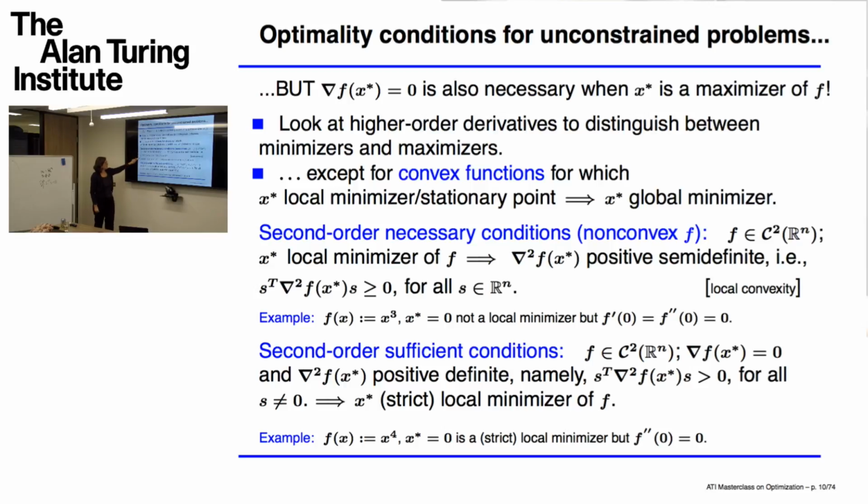So if I have a second derivative that is positive semi-definite, then I have local convexity. So this property of second derivatives, whether this matrix is positive semi-definite or definite, is connected to the convexity or otherwise of the function.